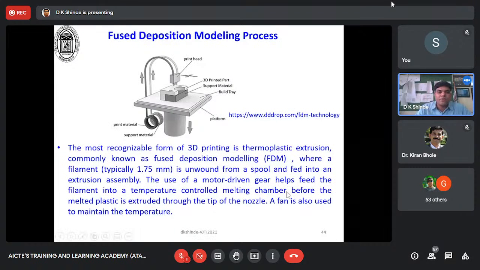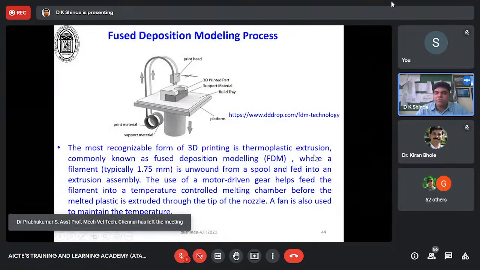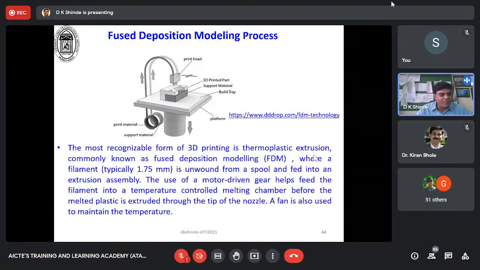You have understood from a few of the presentations and talks over the last couple of days that the most recognized form of 3D printing of thermoplastics is commonly known as the extrusion method, where we develop a lot of components. The same can be done with fused deposition modeling, using extruders having a self-heated nozzle that melts the filament, then deposits layer by layer; it solidifies and then the next layer is deposited. It takes control over the feed as well as the temperature, and that's how we make the layers.